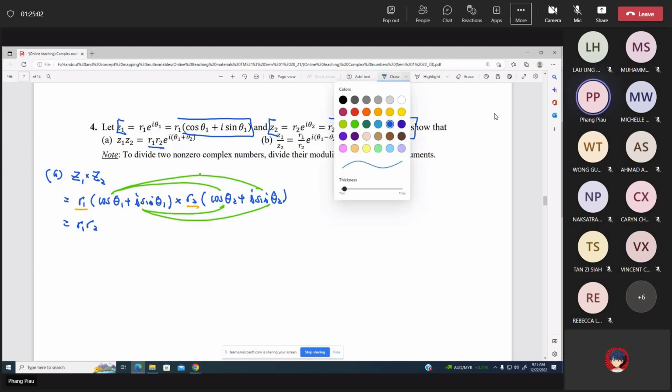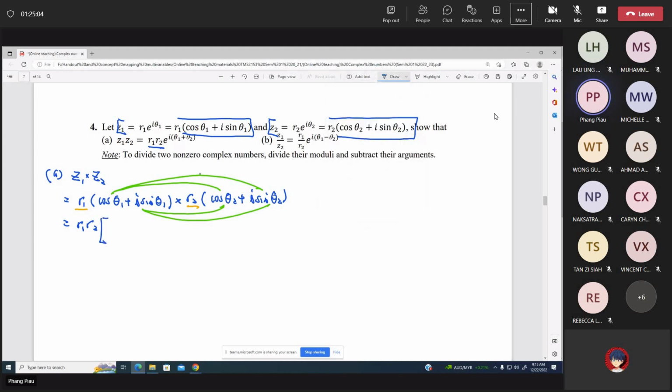I'm going to put a big bracket. This with this, I have cos theta 1 cos theta 2. This with this, I have my I, then cos theta 1 sin theta 2. This with this, I have my I, sin theta 1 cos theta 2.